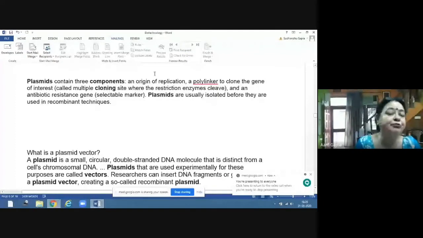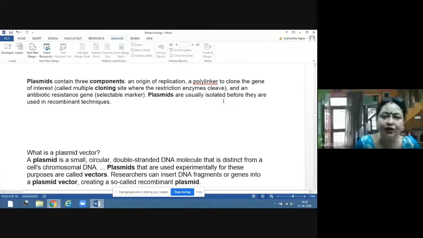Then there should be a polylinker to clone the gene of interest, and that is ROP. And then there should be an antibiotic resistant gene or any other selectable marker which can isolate the recombinant DNA from the non-recombinant DNA.